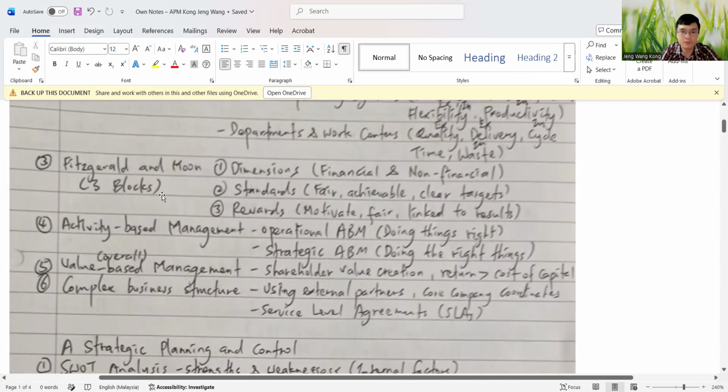We have three blocks: dimensions, standards, rewards. Under dimensions, we have financial and non-financial. Then standards we have three: fair, achievable, clear targets. Rewards: motivate, fair, link to results.